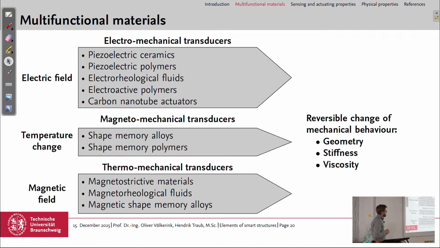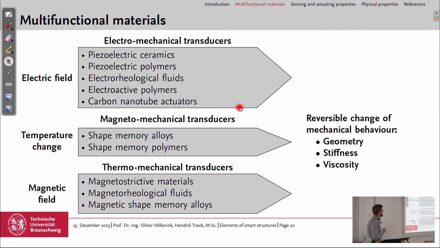So as a nice overview slide for multifunctional materials, we have the different effects: electromechanical transducers, magnetomechanical transducers, and thermomechanical transducers. So an electric field, temperature change, or magnetic field leads to a reversible change in geometry, stiffness, or viscosity, like in the magnetorheological fluids.